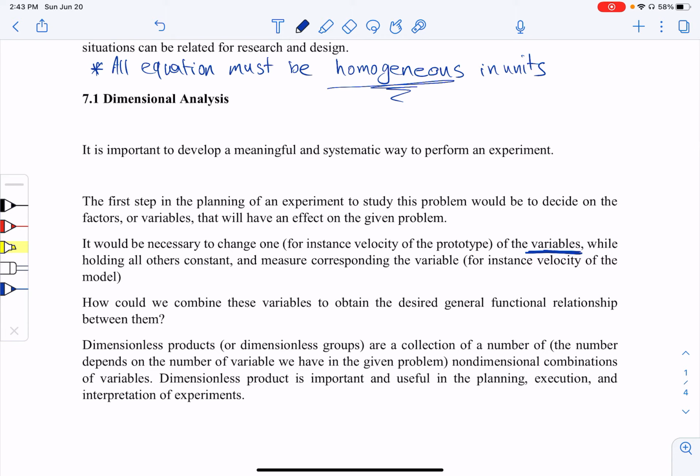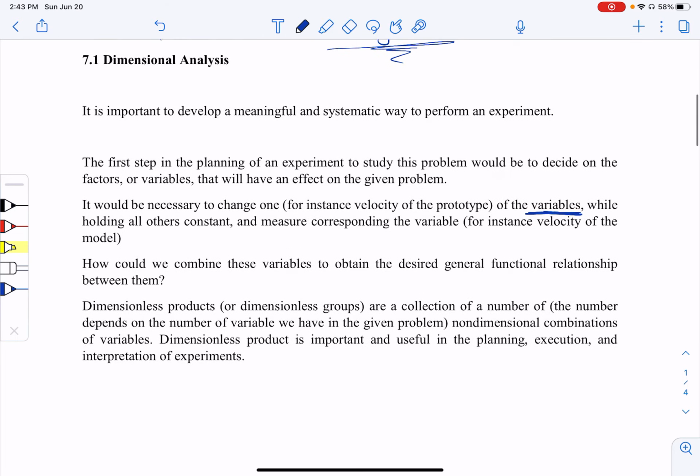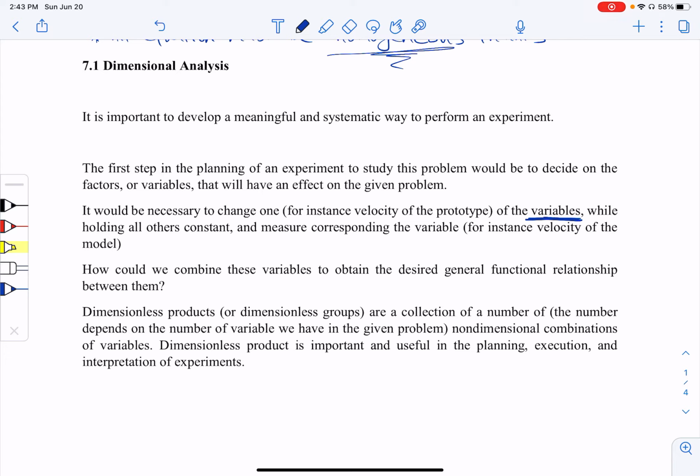And then when we figure out what we need for the variables, we need to change one variable at a time and keep the rest of the variables constant to see the effect of that chosen variable. But we need to have a relationship between the variables to see how they affect each other, and this is how we can relate all of the variables together.